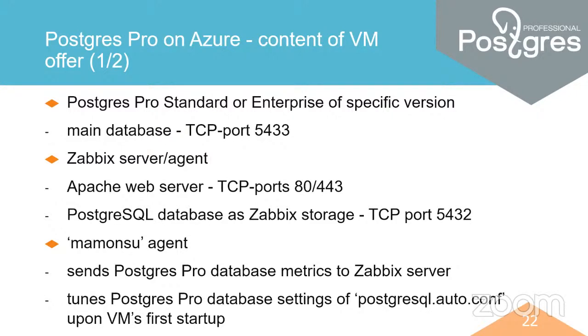For virtual machines, we use Zabbix server as a monitoring tool because it's quite popular among our customers. We also provide a Zabbix compatible Mamonsu monitoring agent. The virtual machine image also has useful Linux utilities installed, as well as the latest operating system updates and security fixes applied.